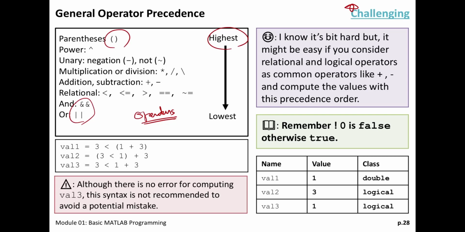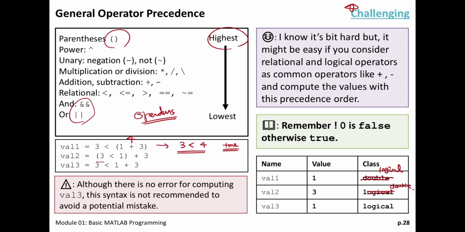Okay, 3. The parenthesis is the highest operator precedence, so this will become a 4. And this does the operation of this one, that's why true. Okay, but here this is a logical, this is a double.